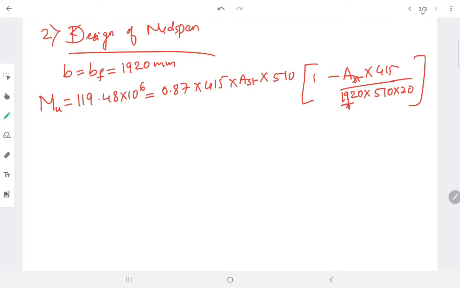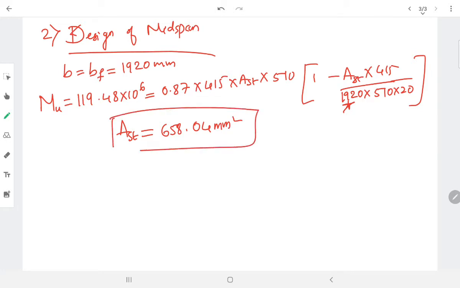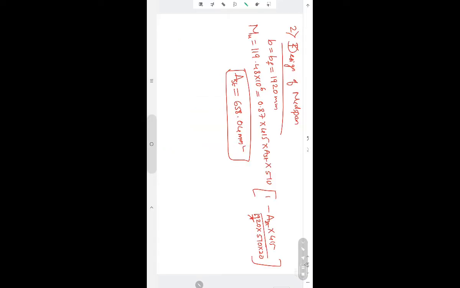So remember this, AST equals 658.04 mm square. So for this again you can use 12 mm pi bars and above.